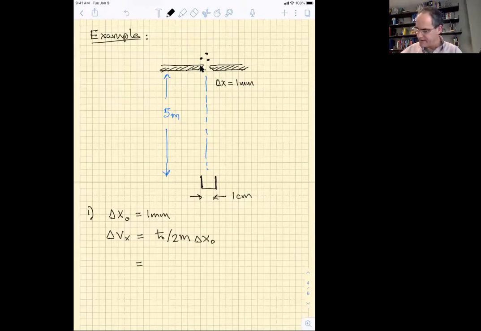And putting in numbers here, we have h bar is about 10 to the minus 34, I'm going to leave off the units if you don't mind, divided by 2, mass of the electron about 10 to the minus 30, delta x is 10 to the minus 3. And we get about 1/2 times 0.1, or 0.05 meters per second. So simply by passing through that slit, the velocity of the electrons in the x direction becomes uncertain by 0.05 meters per second.